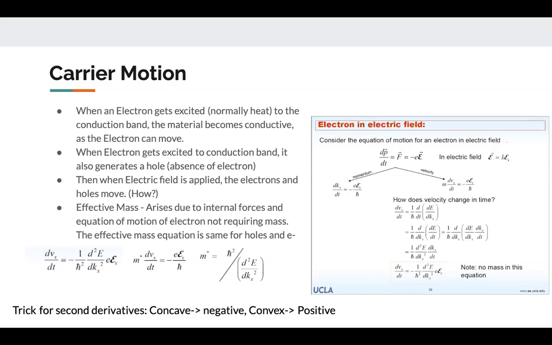But if it gets warmer, around room temperature or 300 Kelvin, the electron gets excited and the material becomes conductive. When the electron gets excited to the conduction band, it also generates a hole, which is the absence of an electron. When an electric field is applied, the electron and holes move. The effective mass is something that arises due to internal forces in the semiconductor material.